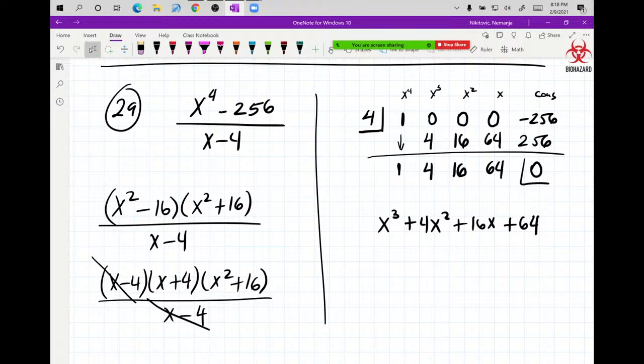Is this only if you're dividing by an x with no exponent? What do you mean dividing by? I'm not understanding the question. Because you're doing these examples with x minus 1 or x minus 4. Yeah, that's the linear x, where the exponent is 1. It's a linear, right?